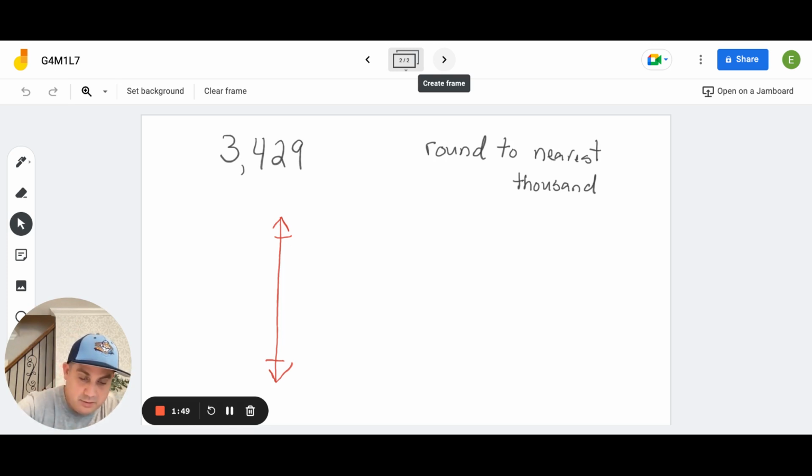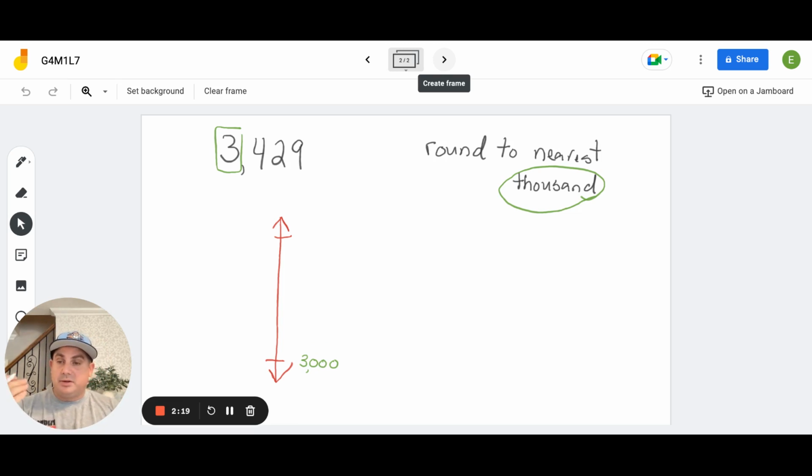Well, if I'm rounding to the nearest thousand, I have to go into my number and see where my thousands place is. That is my thousands place, the 3. And what is the value of that 3? 3,000. That automatically becomes the bottom of my vertical number line.